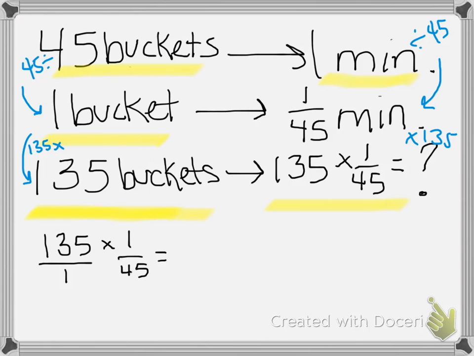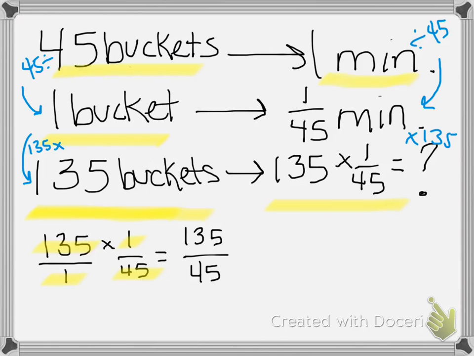So then all we have to do is multiply. 135 times 1 equals 135. 1 times 45 equals 45.